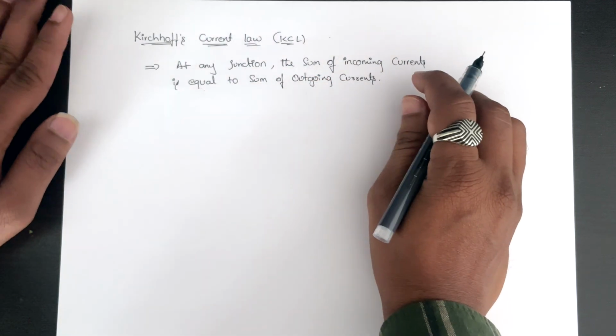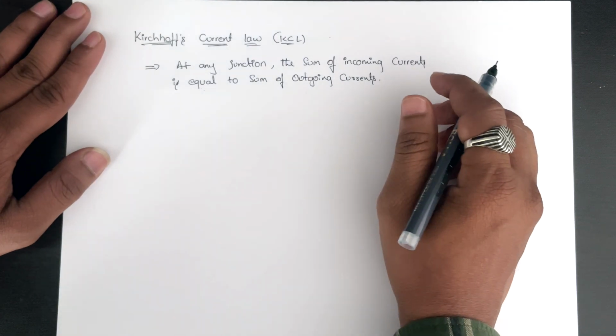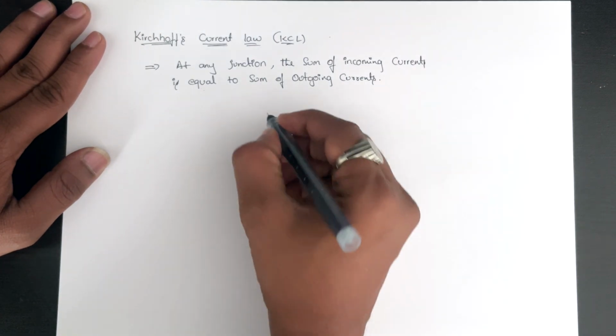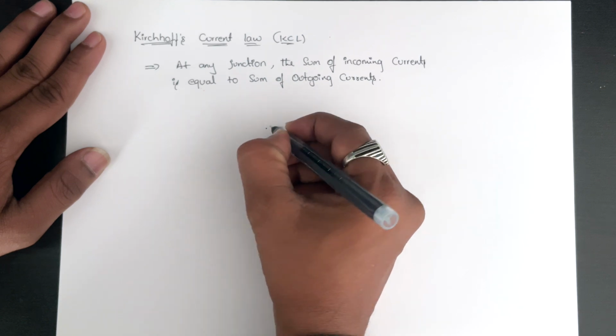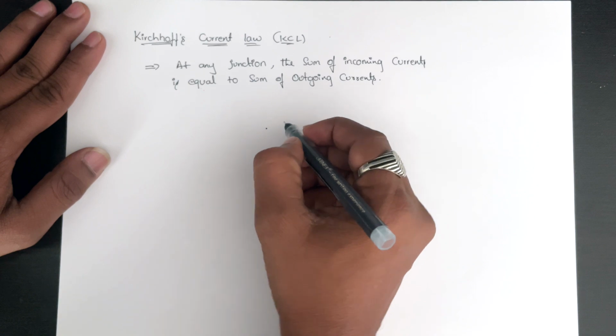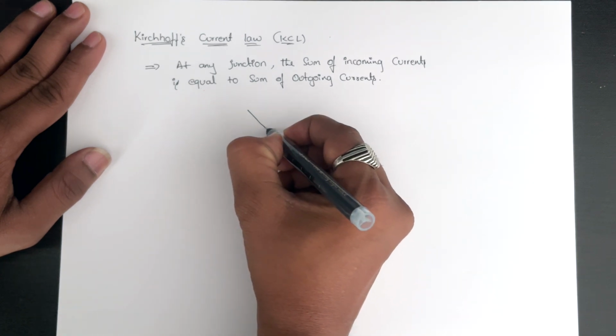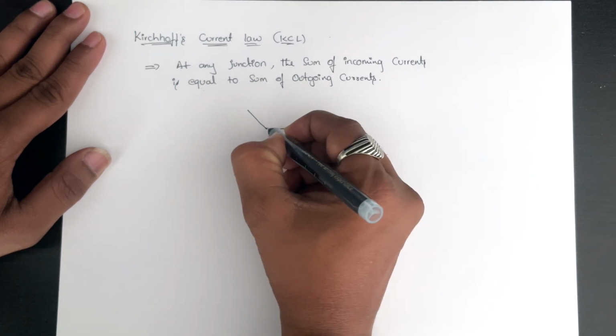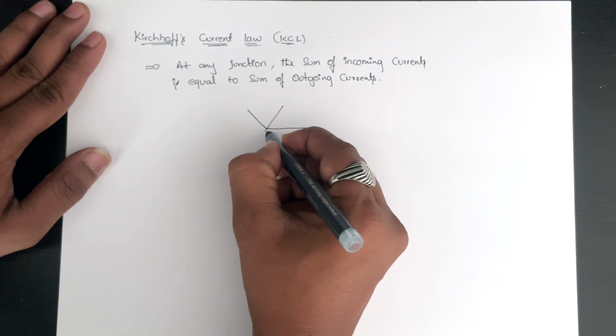Or we can take an example to understand it better. Let us take a junction or a node where we'll be having incoming and outgoing currents.